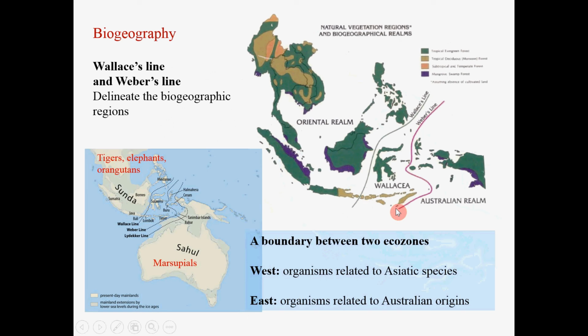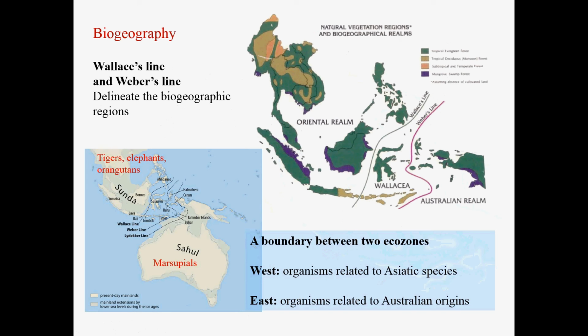He suggests that the line may be drawn somewhere here. So they may have some disagreement regarding exactly where you should draw the line. But the point here is that you have this important dividing line that divides two distinct ecological zones.